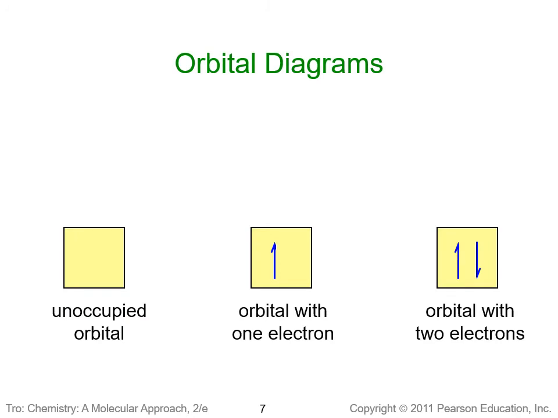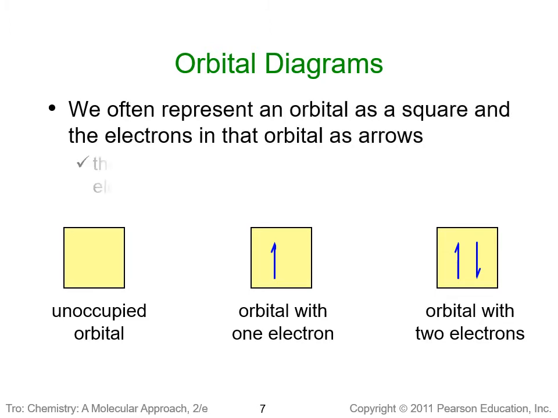When we draw our electrons into the orbitals, we typically draw an empty orbital as a square or a line, and then we add electrons into it. If there is one electron, we draw it with a half arrow, and by convention the first electron is spin up, so we draw it with a half arrow pointing up.